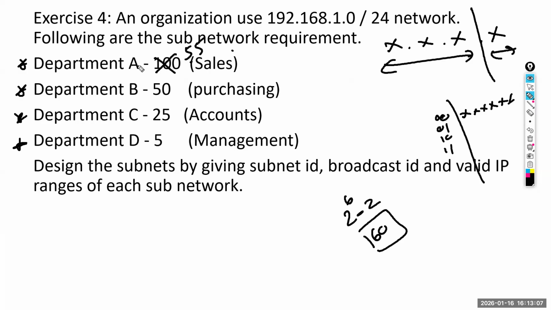But this question says department A, the first subnetwork, needs 100 machines. Now, if you go for the fixed width, you can't allocate 100 machines for this department, because the maximum you get is 60. So this is the type of question where fixed size subnetworking doesn't work.